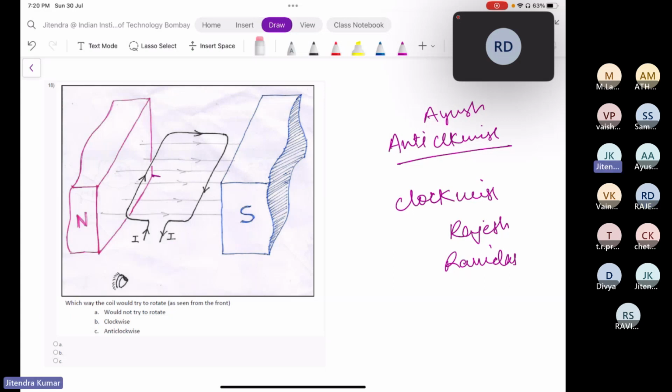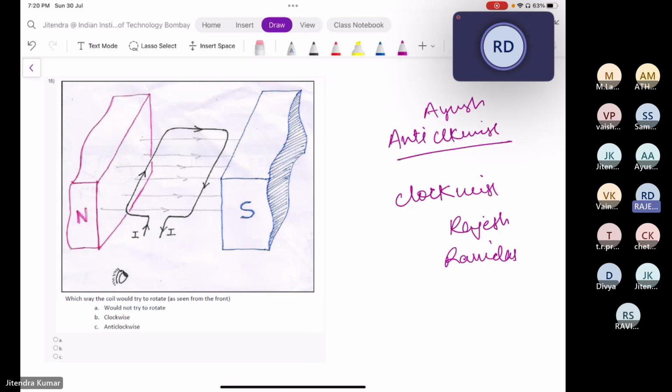At the north side terminal, we can apply Fleming's left hand rule. The middle finger shows the direction of current, the pointer is in the direction of field, and the thumb will be in the direction of force.